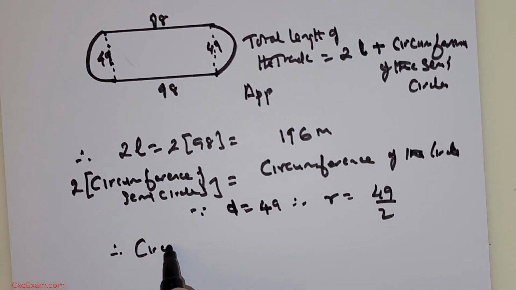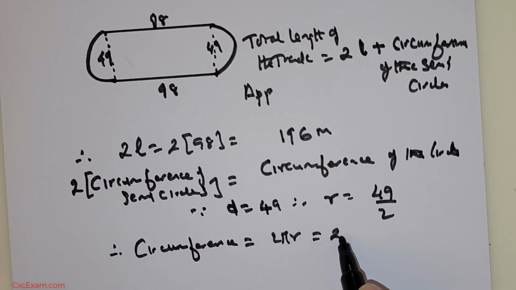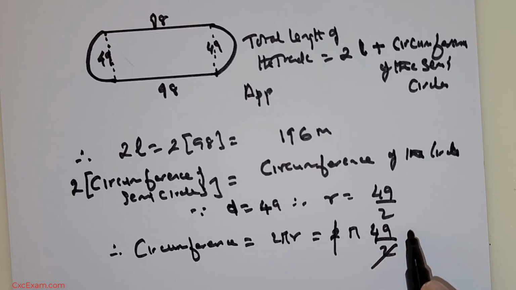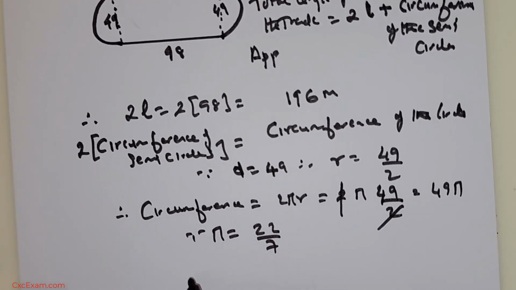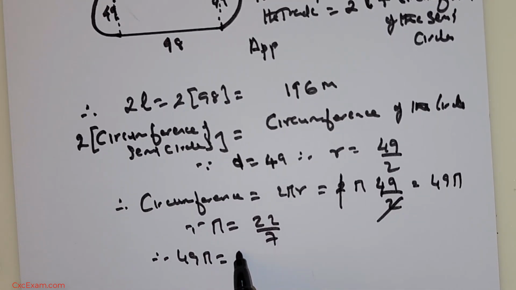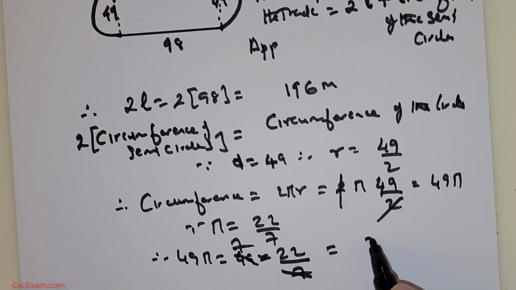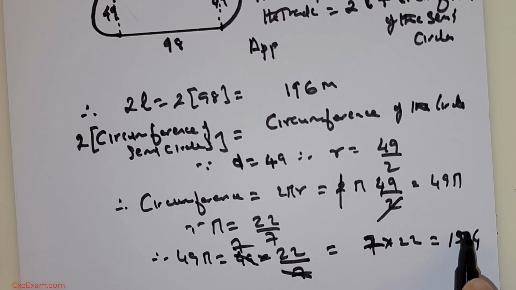So the circumference is equal to 2 pi r, which is 2 times pi times 49 divided by 2. The 2 and 2 get cancelled, so you get 49 pi. Now the value of pi is given as 22 over 7 in the question. So 49 pi is equal to 49 multiplied by 22 over 7. 7 divides 49 7 times. 7 times 22 is 154.